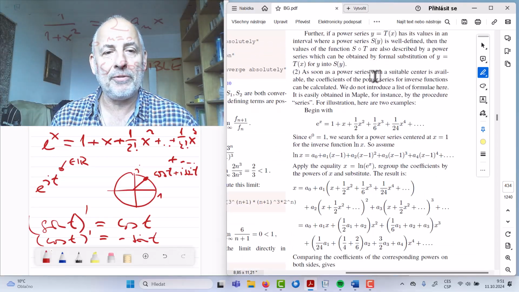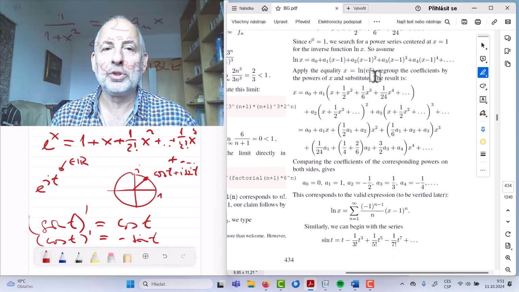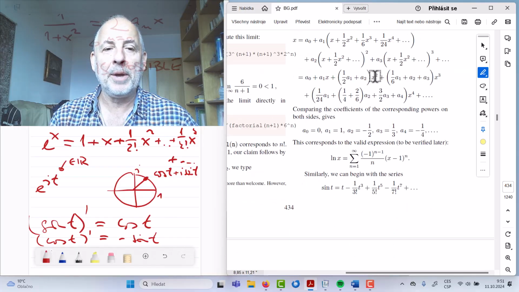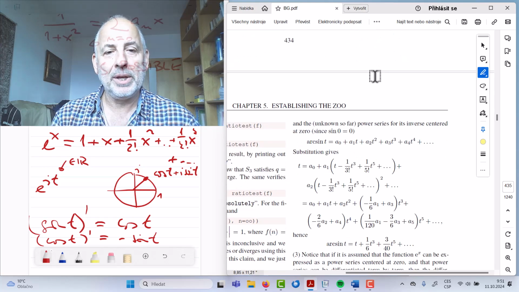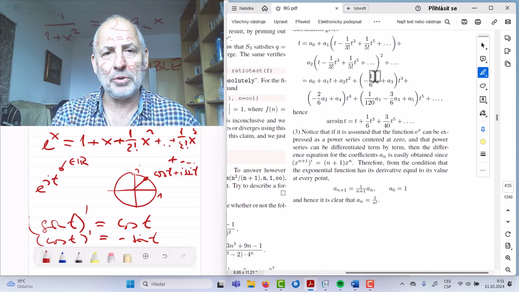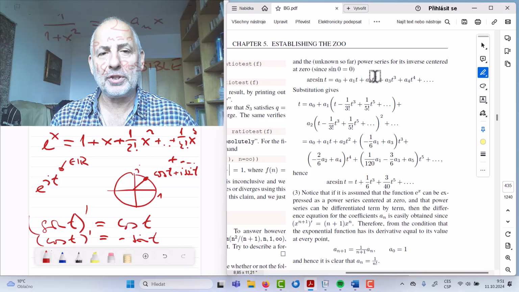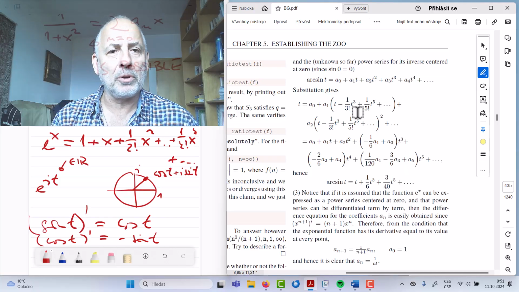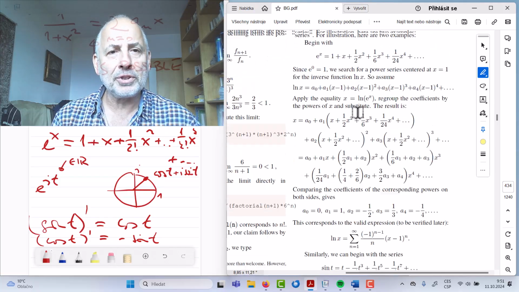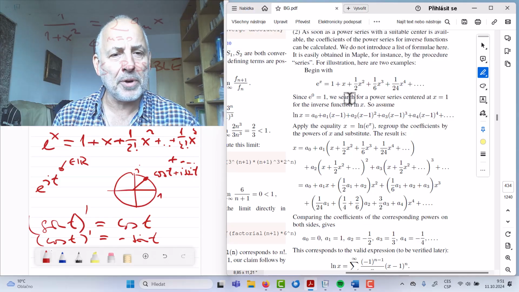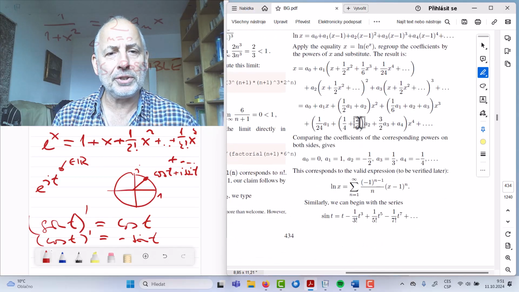And you can also use some combinatorics to compute the inverse functions. So here you see how we did this arcus sine. I guess somewhere I also computed the power series for the logarithm. Here it is, perhaps. Yes, here is the power series for the logarithm.